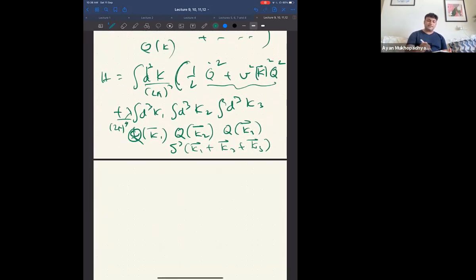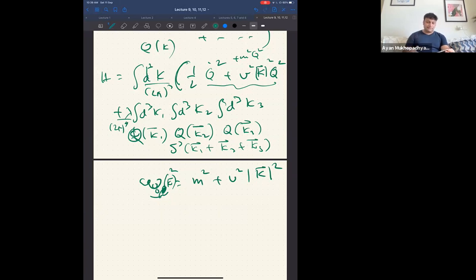But if I just look at the first two terms, it basically looks like a harmonic oscillator, right? Where there is plus m squared q squared over 2. Omega naught squared is simply m squared plus v squared mod k squared, except that this omega naught has some omega k as a label k. So you see that basically the first two terms can be written as a harmonic oscillator.